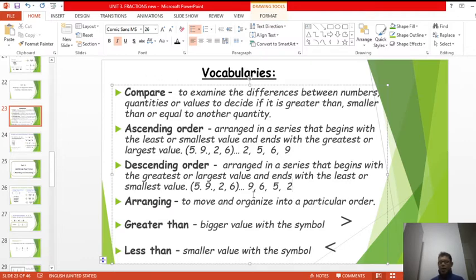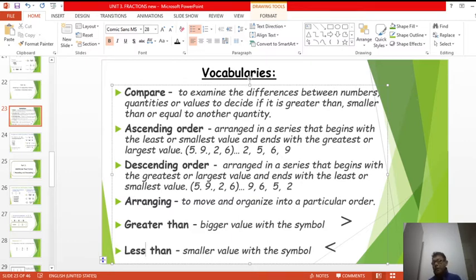How about greater than? I think you already remember this. I think in grade 1, you already know what's greater. Greater than means bigger value. Lesser than, or less than, means smaller value. So these are the symbols.